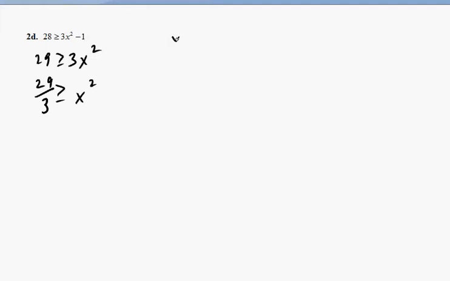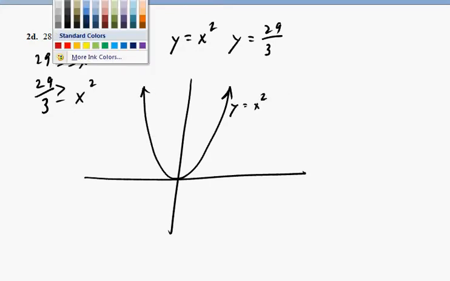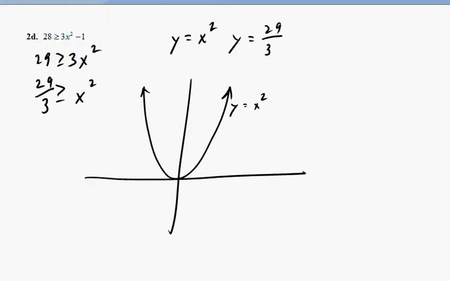And now let's consider the graph of y equals x squared and y equals 29 thirds. Y equals x squared looks like this. And y equals 29 thirds is, of course, a horizontal line, which looks like this.